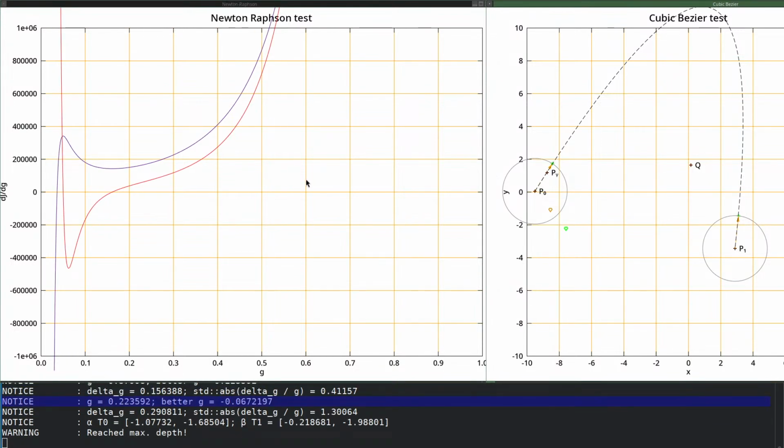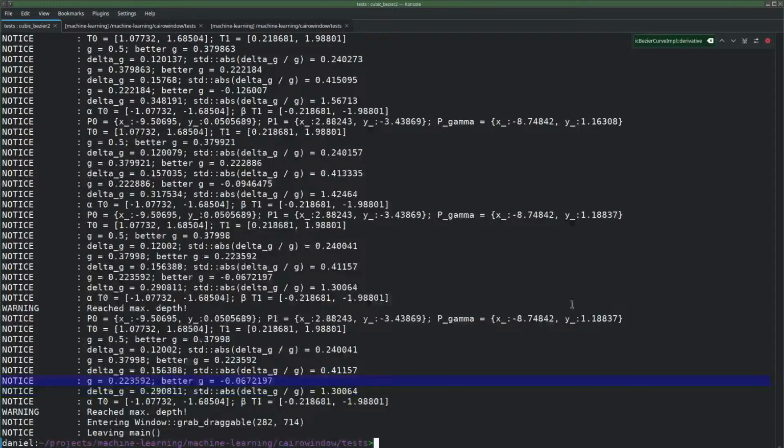No, let's implement that, I guess. Yeah, must be easy actually. That is easy.